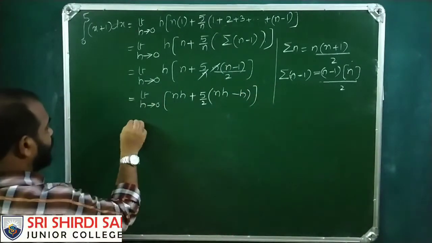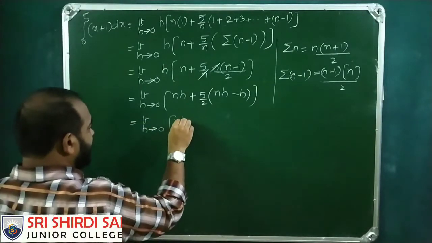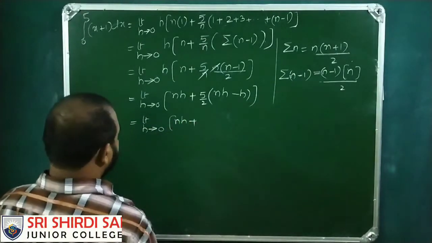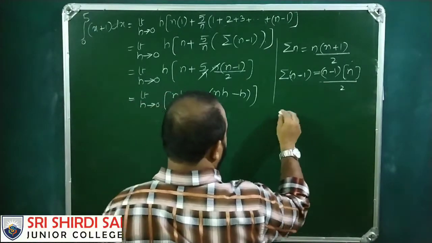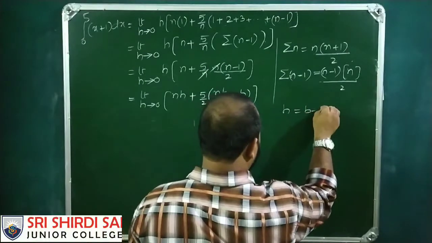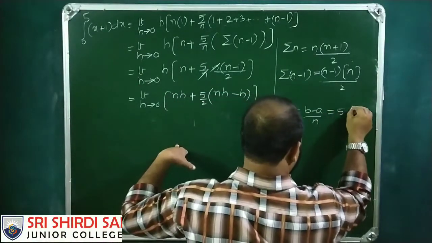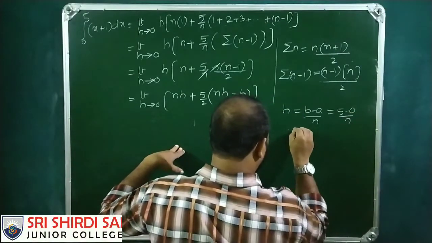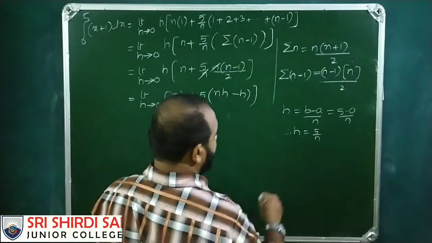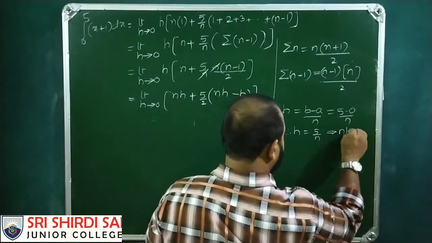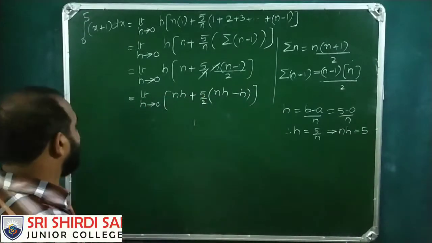That is equal to limit h tends to 0 of nh plus 5 by 2 into (nh minus h). Now initially, how much have I taken h to be? h is equal to (b minus a) by n, so that is (5 minus 0) by n. Therefore h is equal to 5 by n, in other words nh is equal to 5 by cross multiplication. This 5 I am replacing here.